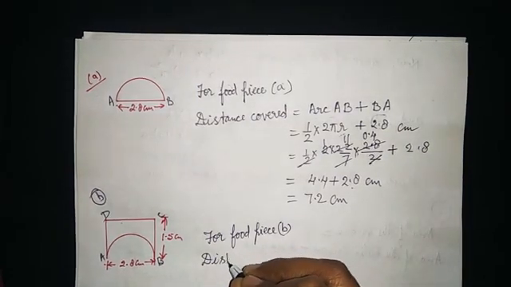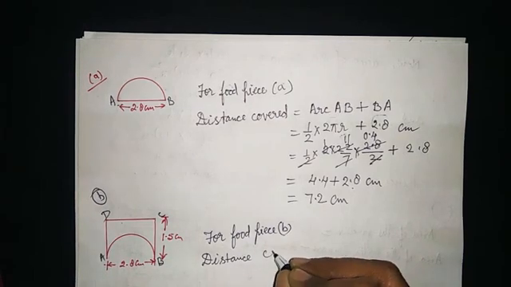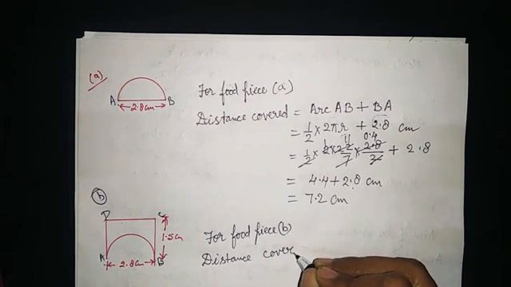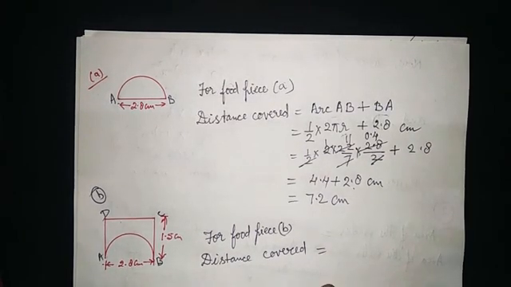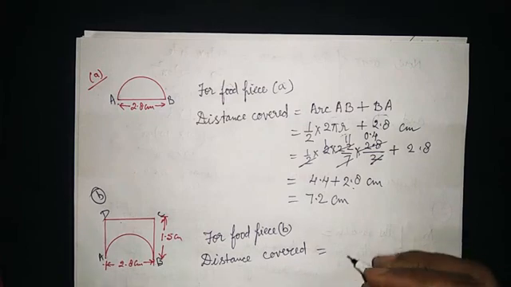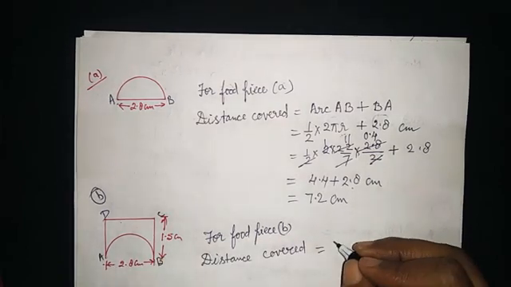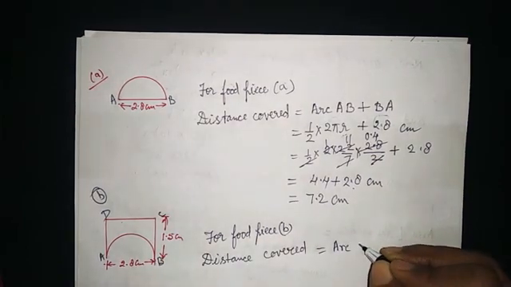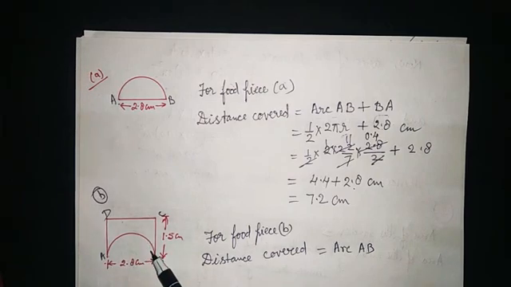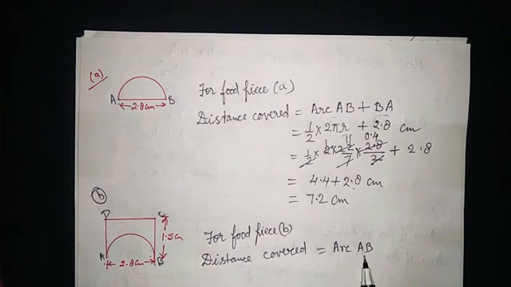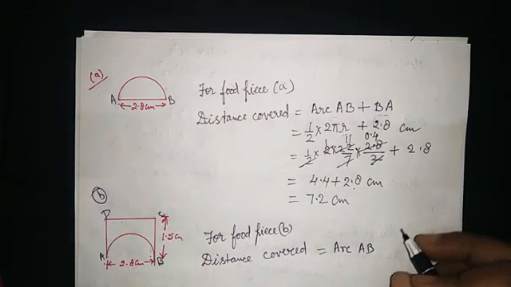She covers distance, for this we write arc AB. Okay, this to this we will find this length. Okay, arc AB, and now BC plus CD plus DA.